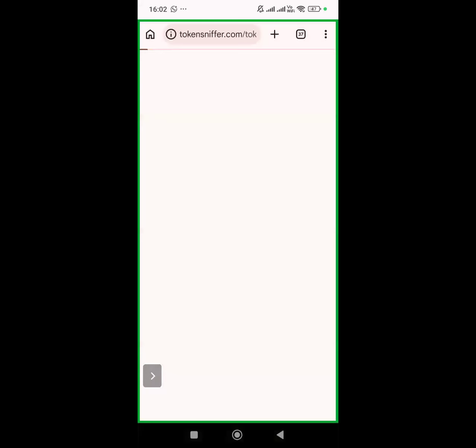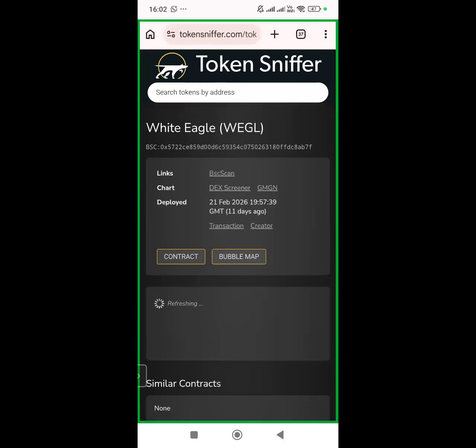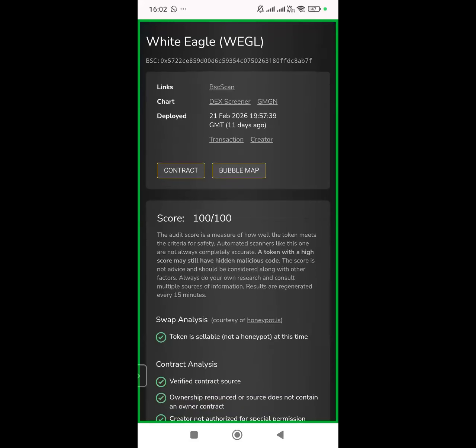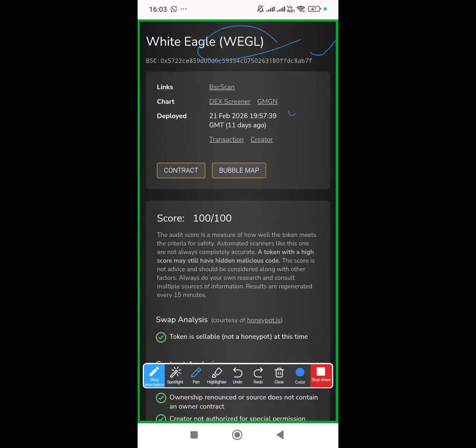So let's move to the Token Sniper. It will give you how long we have been here and how secure and transparent we are. If you go here, you can see that. Wiggle contract address, we verified already. This time it is deployed 11 days ago. Contract 100 by 100. Oh my God. Token is sellable, not a honeypot. It means that we are receiving, we can sell.